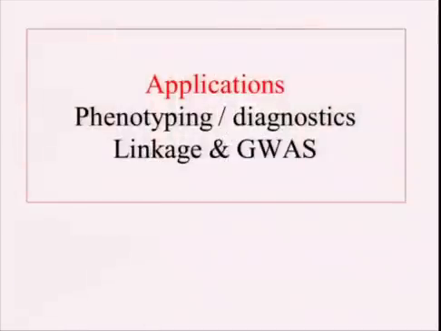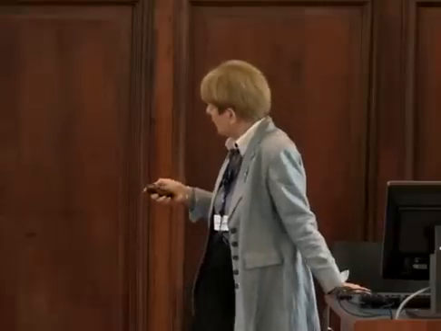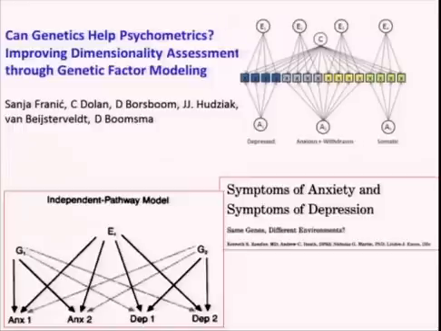And then, of course, in linkage analysis, there was an application of the multivariate model in order to gain power to find QTLs for continuous traits, and we're now seeing the first applications also in GWAS data.